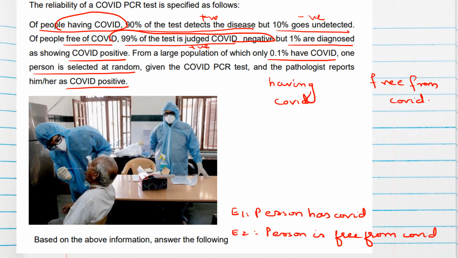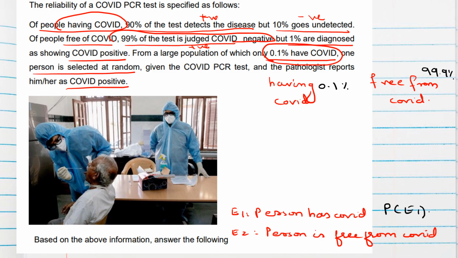Fine. Now, how much of the population has COVID? It is clearly mentioned here, 0.1%. That means we can say 99.9% will be free from COVID, isn't it? So these two percentages are actually what?